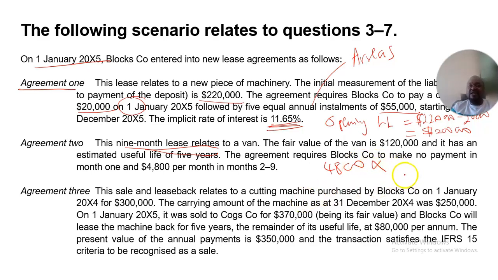According to the lease, we are paying for 8 months. In the examination, just try to make sense and work out this thing. 4,800 multiplied by 8, we are looking at 38,400. That's the amount we are looking at.